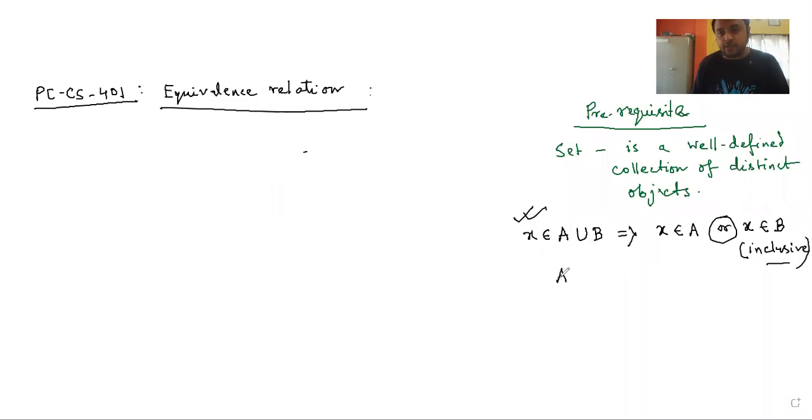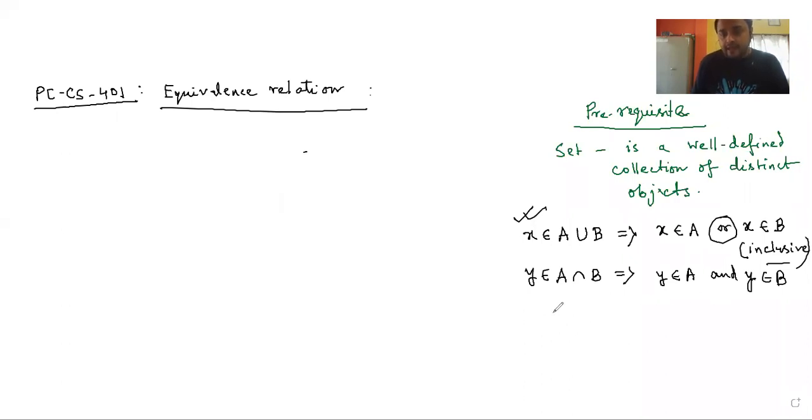The second set operation, which is also important, is called A intersection B, as you know very well. When we say that an element y belongs to A intersection B, we mean that y belongs to A and y belongs to B. You very well know the Venn diagrams, the figures which we can draw for these, so I'm not going to draw that.